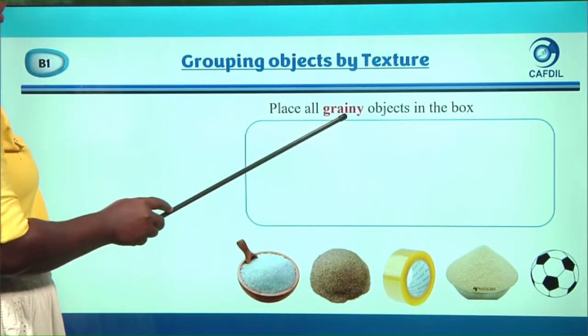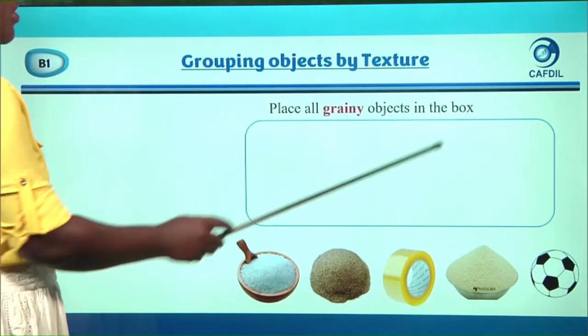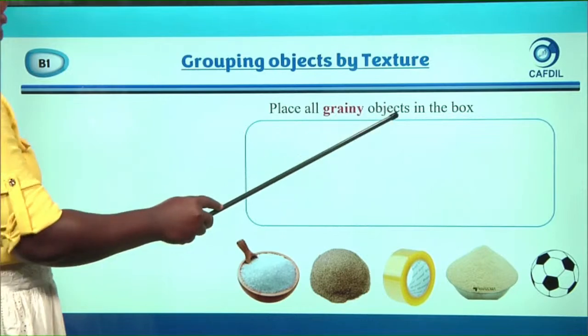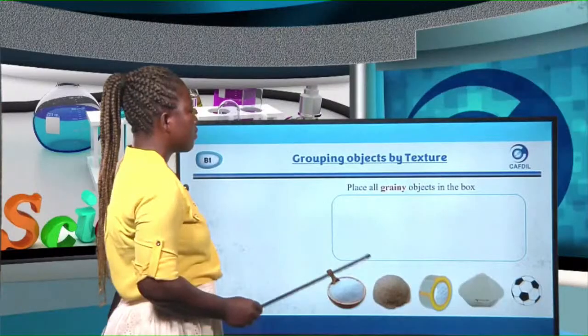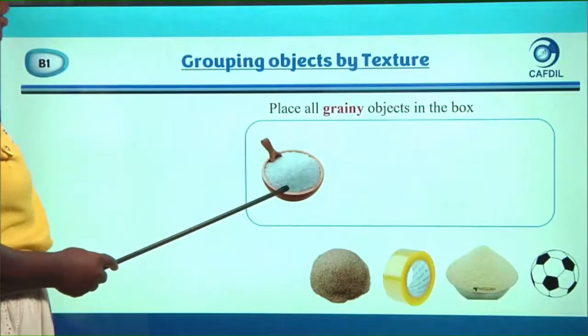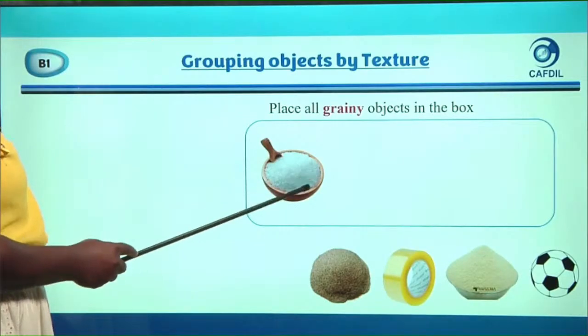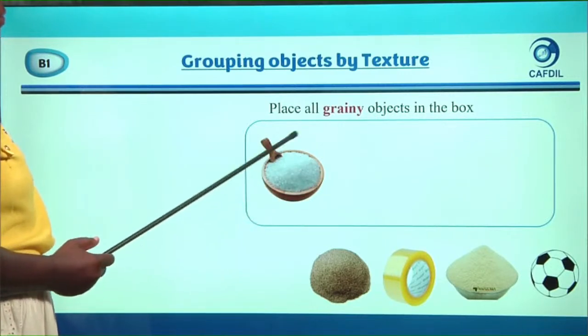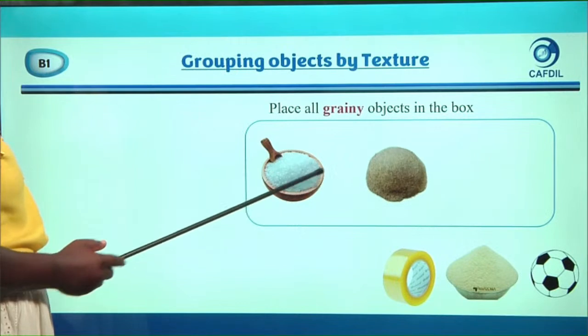Place all grainy objects in the box. Grainy. We have our salt here. Sand.